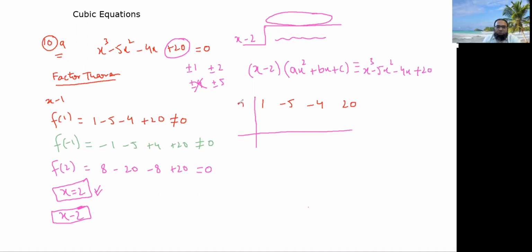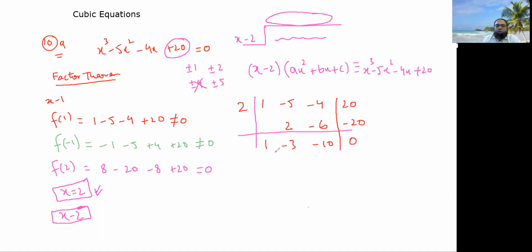I'll write 2 over here. This is the quickest way of getting the corresponding quadratic factor. This 1 comes here, 2 ones are 2, the sum is -3, and 2 into -3 is -6, the sum is -10, and 2 into -10 is -20, and this should always be 0.